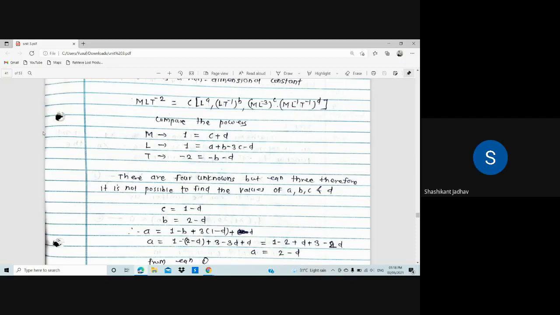Then density, kg per meter cube, so M L raised to minus 3 raised to c. And for the dynamic viscosity, the dimension is M L raised to minus 1 T raised to minus 1, raised to d.